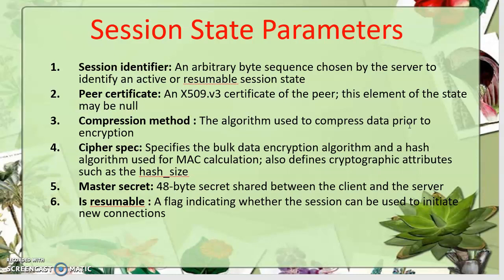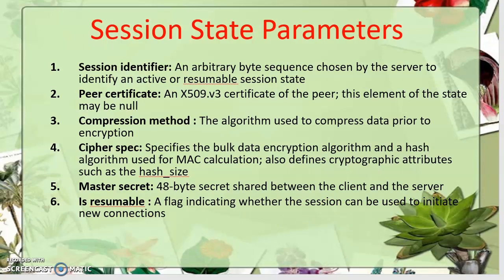Cipher spec specifies the bulk data encryption algorithm and a hash algorithm used for MAC calculation. It also defines cryptographic attributes such as hash size. Master secret, a 48-byte secret shared between the client and server. Is resumable, a flag indicating whether the session has been used to initiate new connections.